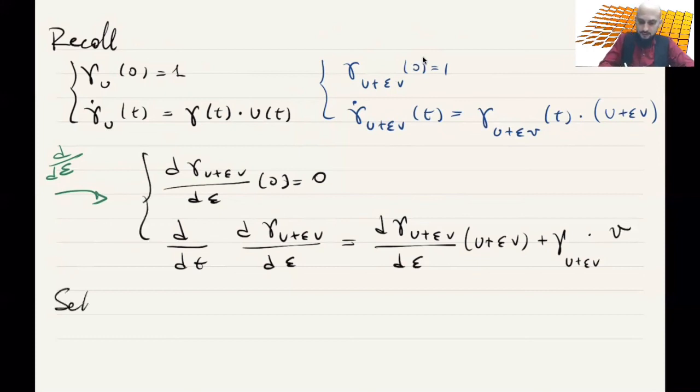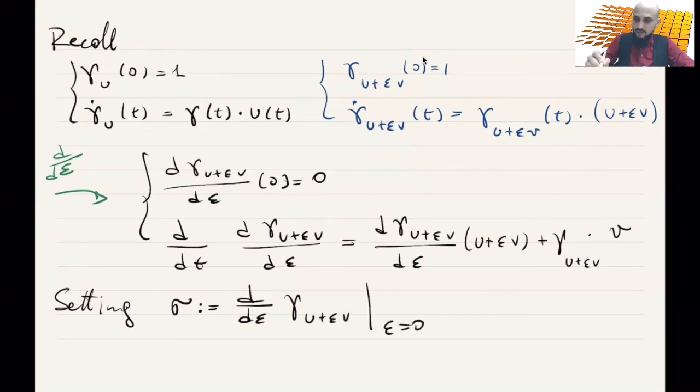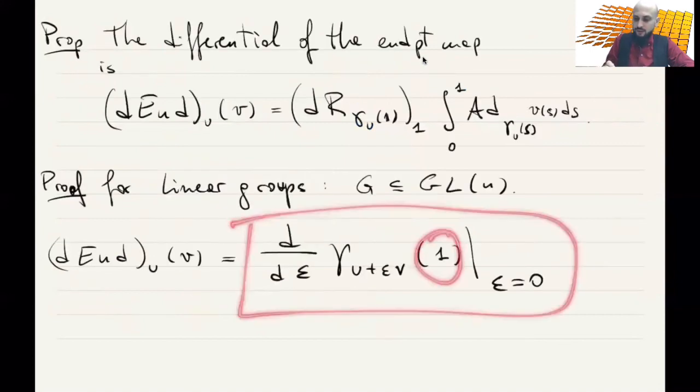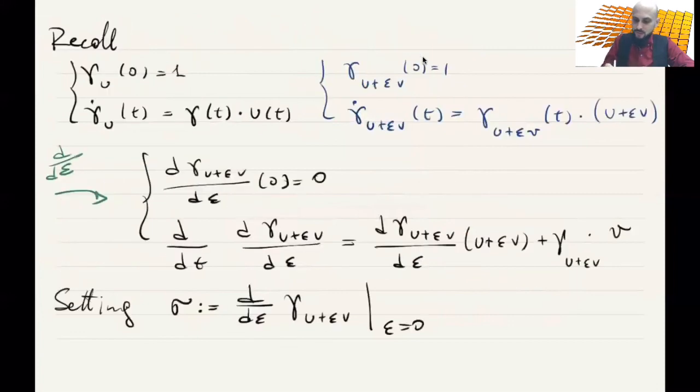So setting sigma to be the derivative of this map, gamma of u plus epsilon v at epsilon equal to 0, pay attention, this is still a curve in t. And when we evaluate at 1, we will have the image of the differential. So this is a map in t, a curve in t.